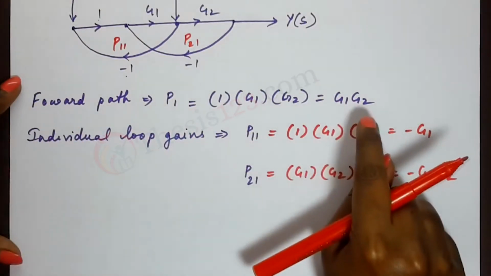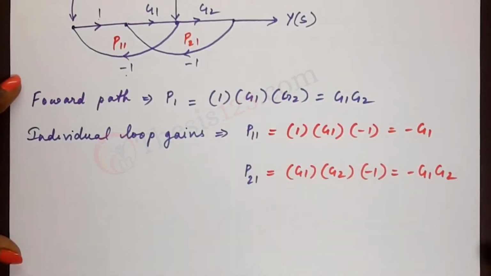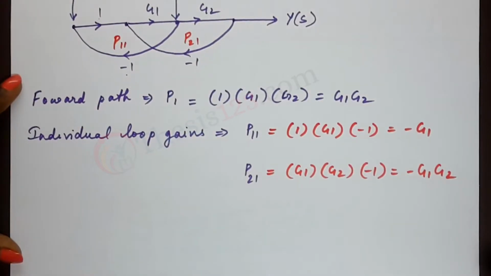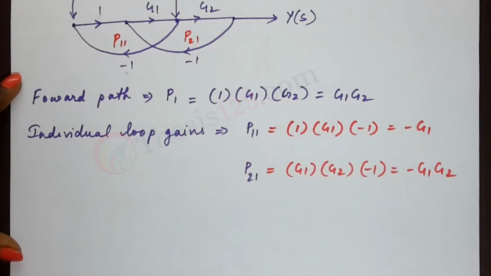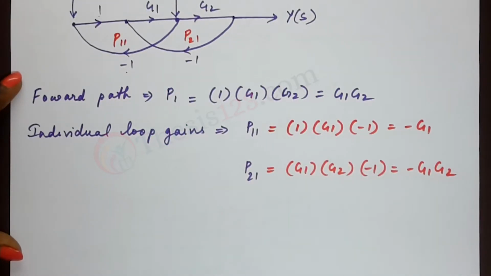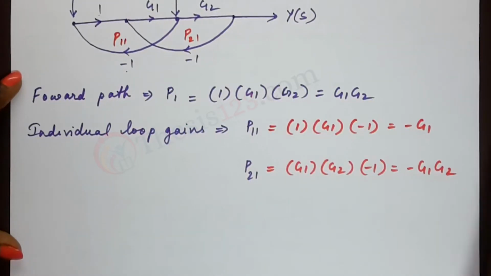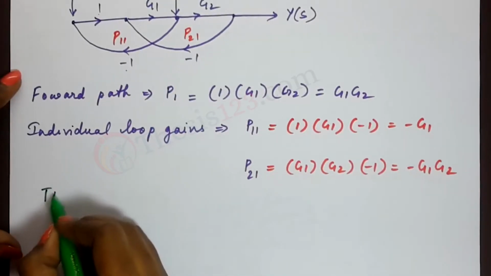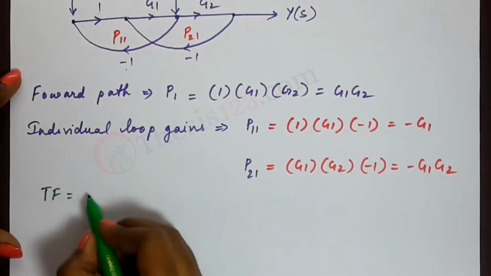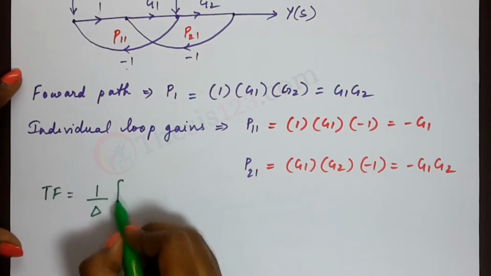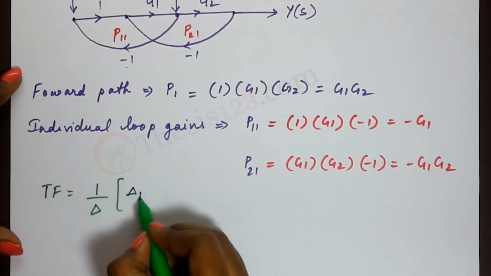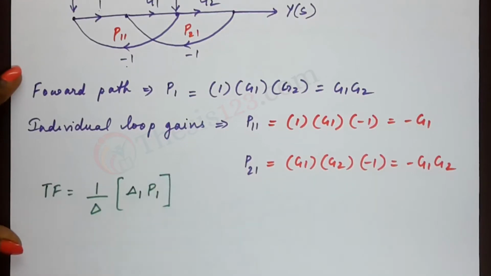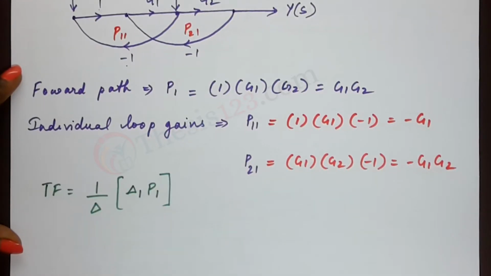So we have our forward path, we have our individual loop gains. The next step is to find out what the transfer function is. We can substitute all that we have already and put it into the transfer function. So the transfer function we saw earlier is 1 by delta into, since we have just one forward path, delta 1 P1 as the numerator.